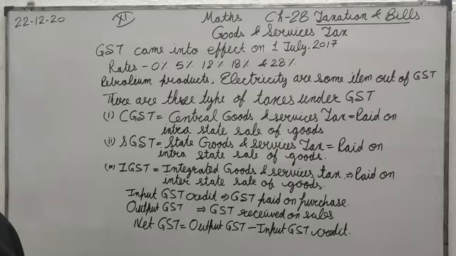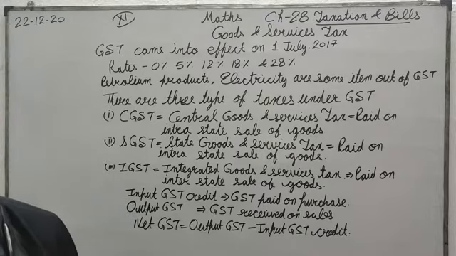Now, goods and services tax came into effect on 1st July 2017, and before that there were so many types of taxes in India, like value added tax, sales tax, excise duty, luxury tax, entertainment tax, and many other names.